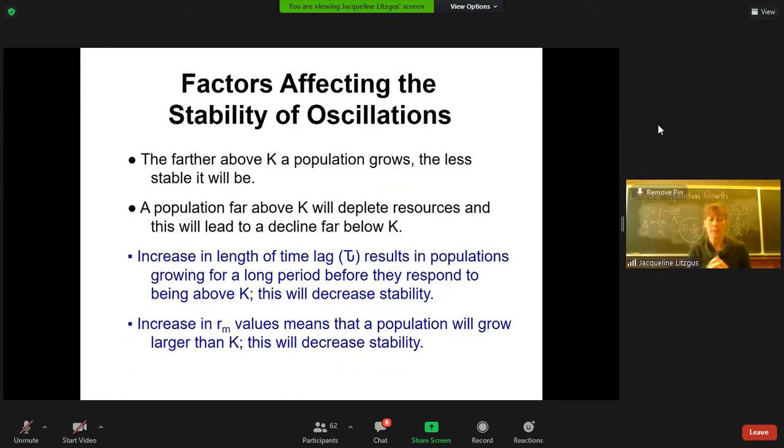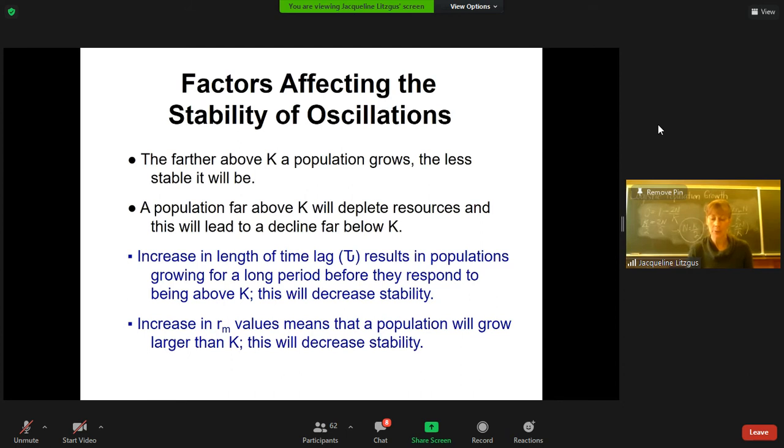Okay, so we can consider some factors that are going to affect the stability of these oscillations. In general, the farther above carrying capacity that the population grows, the more dangerous things are, and the less stable the situation is, because the population just went way too high above carrying capacity. Those resources are so depleted, everybody is compromised, okay?